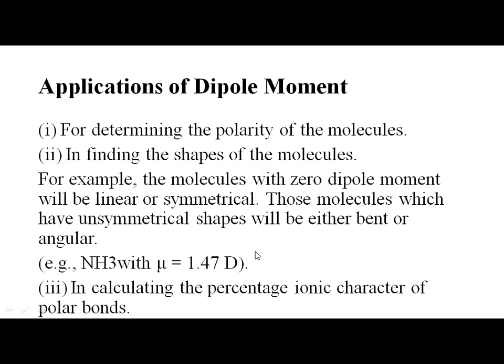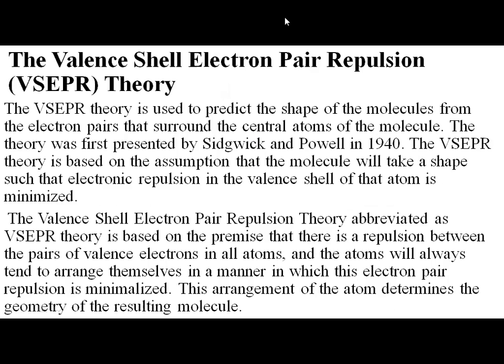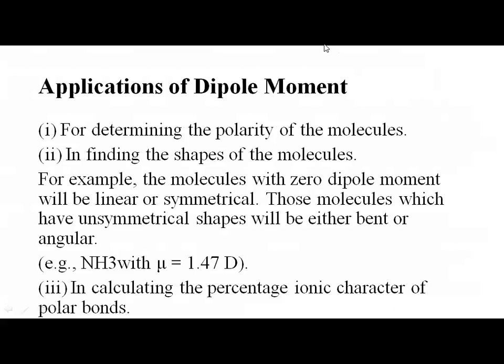So for percentage of ionic character, I can show you the formula we can use. Percentage of ionic character is given by observed dipole moment upon theoretical dipole moment into 100.